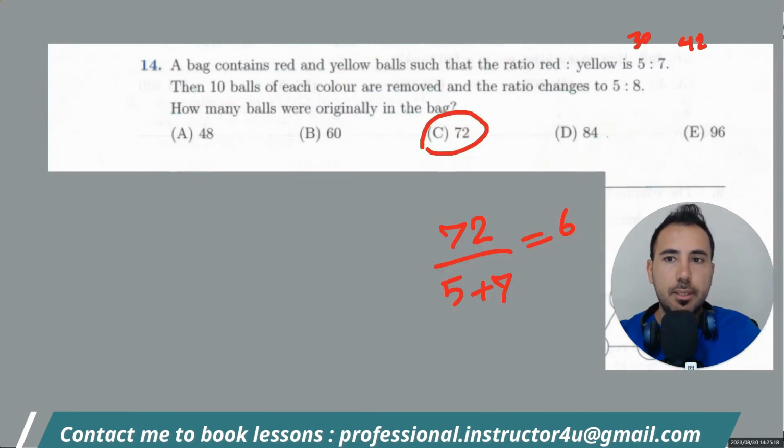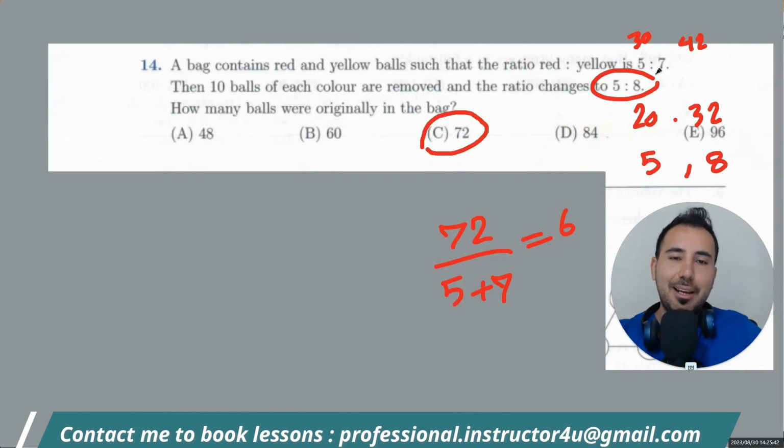Now it says 10 are removed from both, so it will be 20 and 32. Let's simplify both of them by 4. This would be 5 and this will be 8, which is the answer. There you go, so I just guessed it right away.